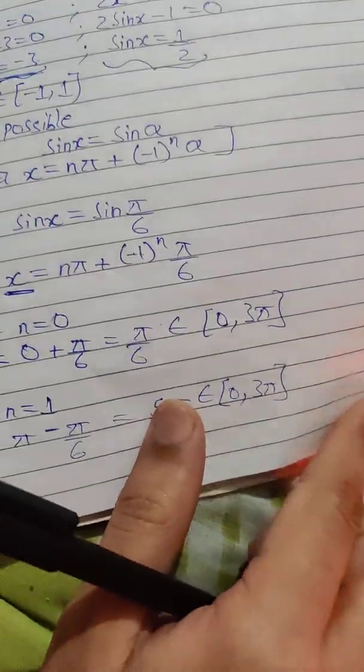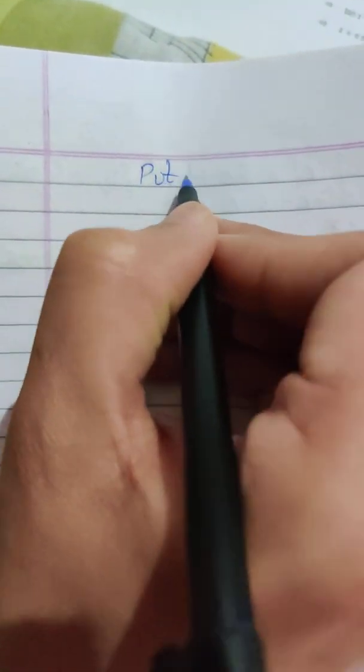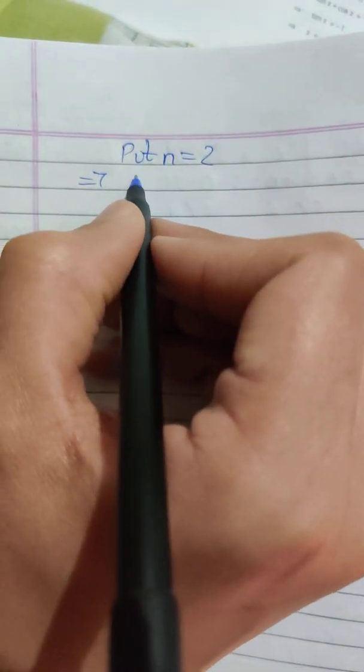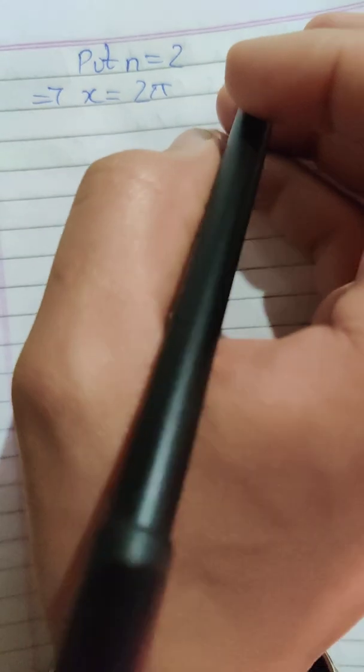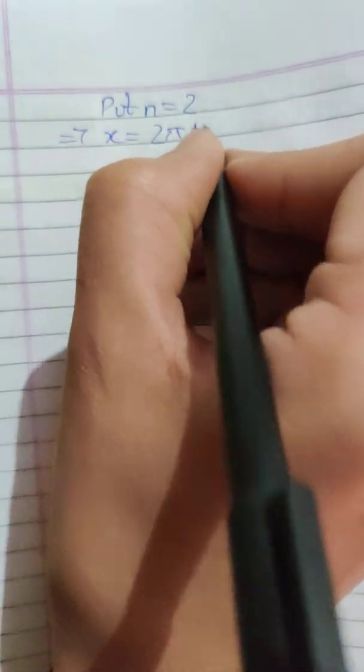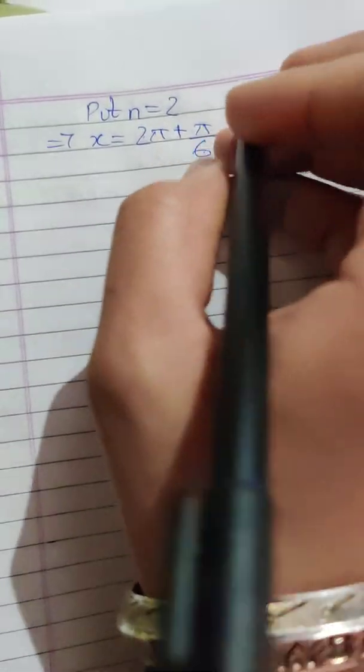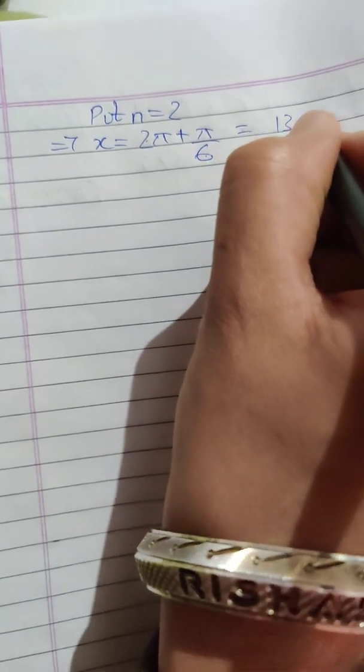Okay, now again put n = 2. So we have x = 2π + (−1)^2 π/6, and (−1)^2 is 1 only, so we have 13π/6.